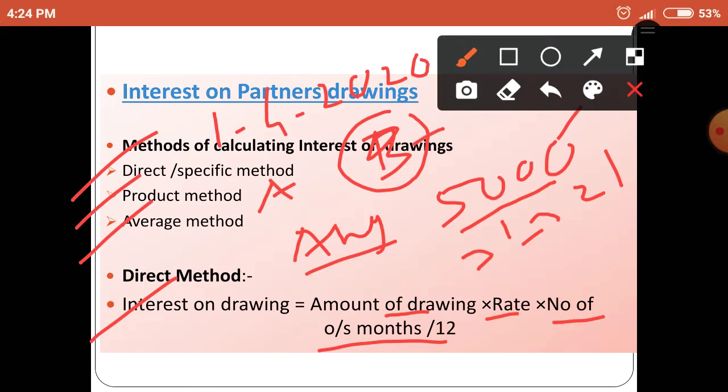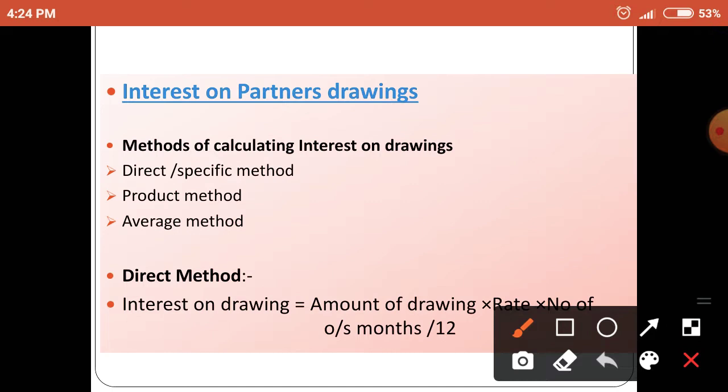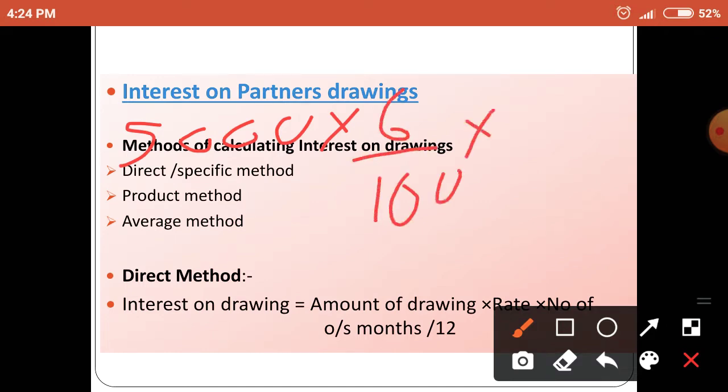So how do we calculate with the direct method? Interest on drawing is equal to amount of drawing, that is 5,000 rupees, into rate of interest. Say the rate of interest is 6%, that is 6/100, into outstanding months. What are outstanding months?